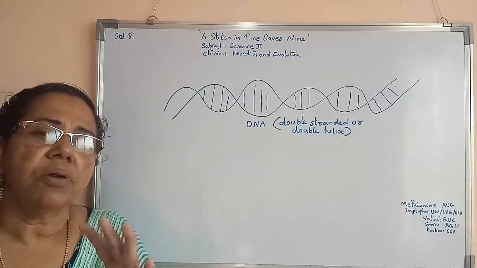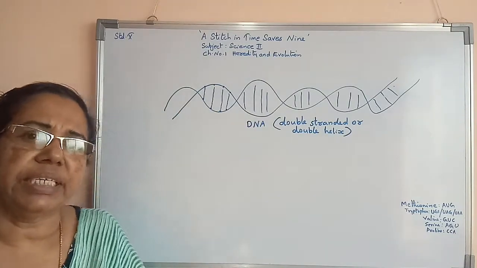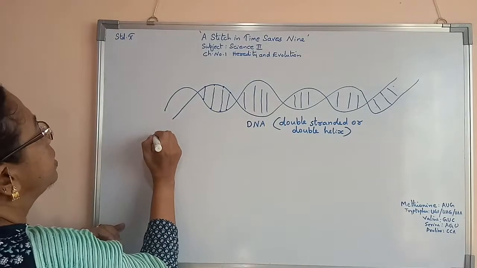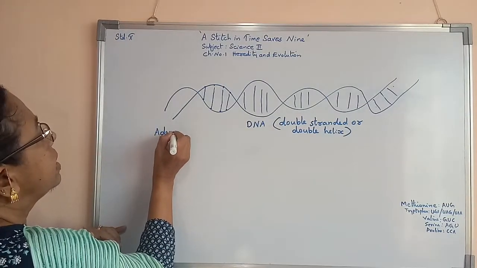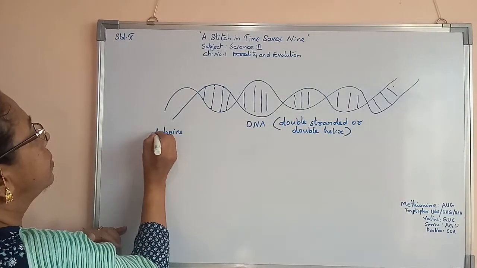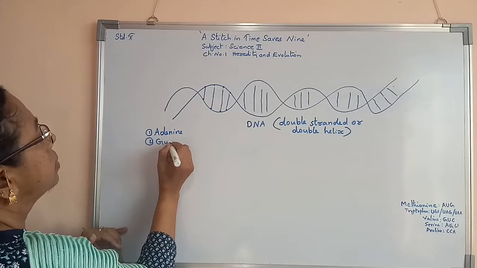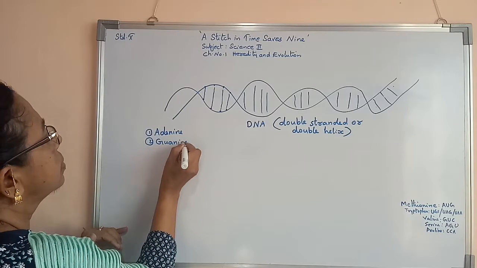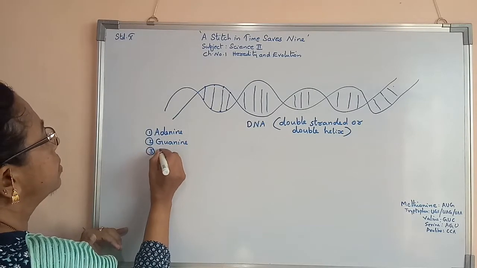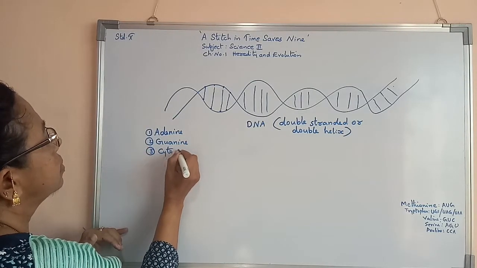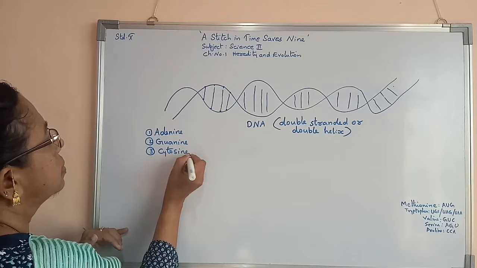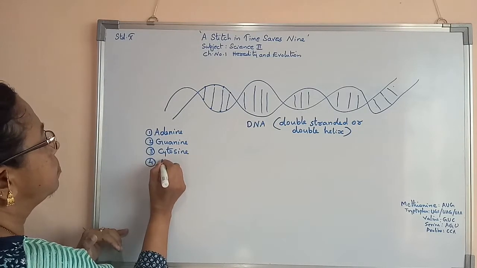Now there are 4 different types of nitrogenous bases. They are known as adenine, guanine, cytosine, then thymine.